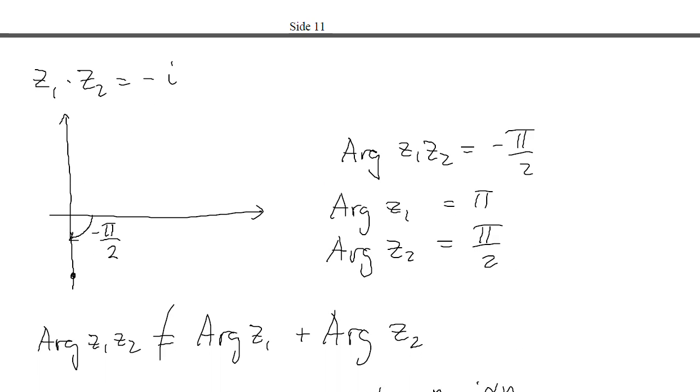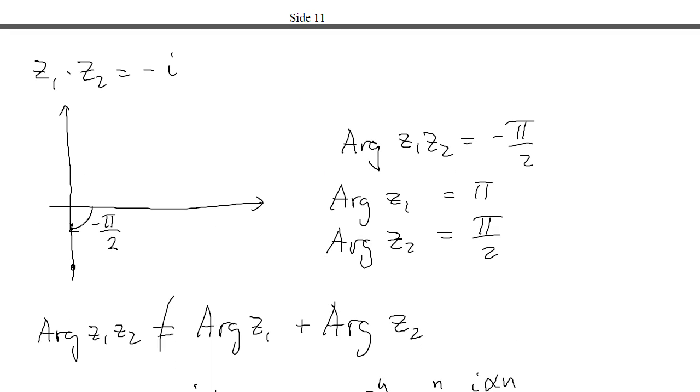So in this case, when we are multiplying these two complex numbers with each other, we get minus 1 multiplied with i equal to minus i, and the principal argument of minus i is just minus π/2.